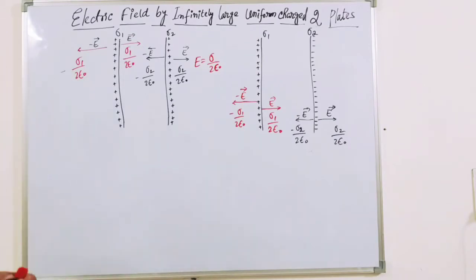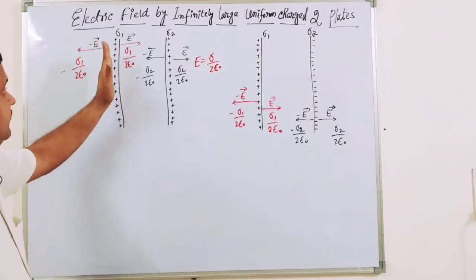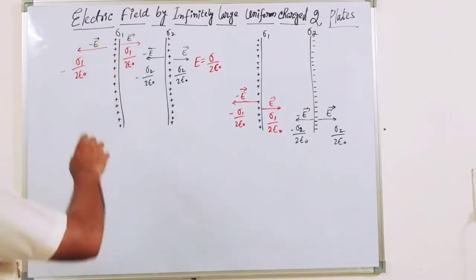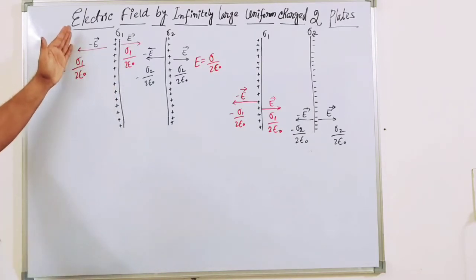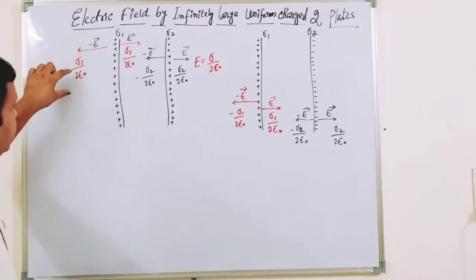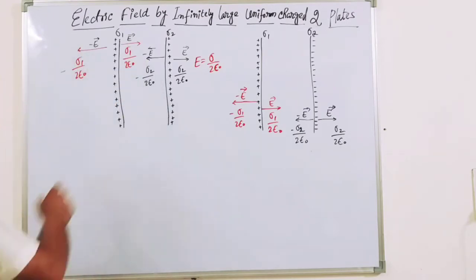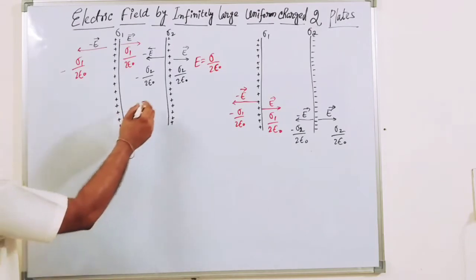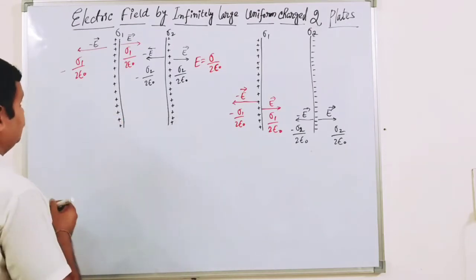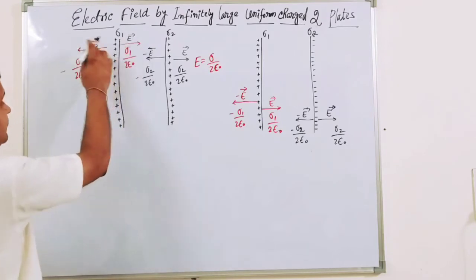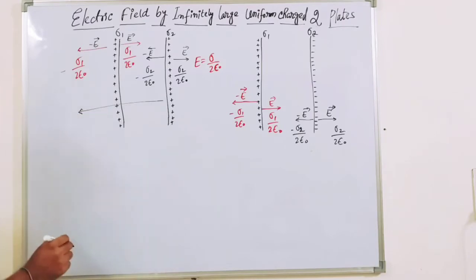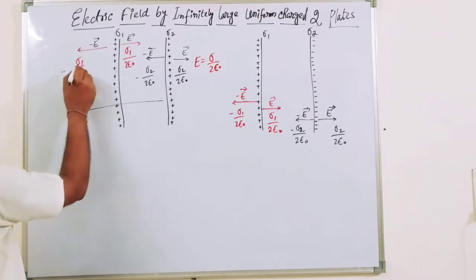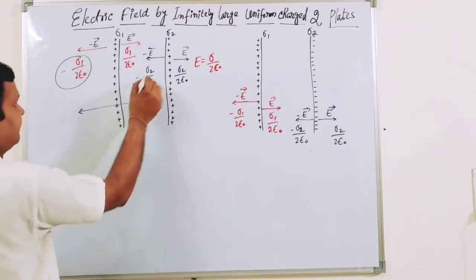This is the value of the electrical field due to each individual sheet. Now consider the electrical field at work: this is the value, and for this it is getting a similar minus one. The electrical field due to this plate is this one, and the electrical field on this side for this one is like this, in the same direction, adding.